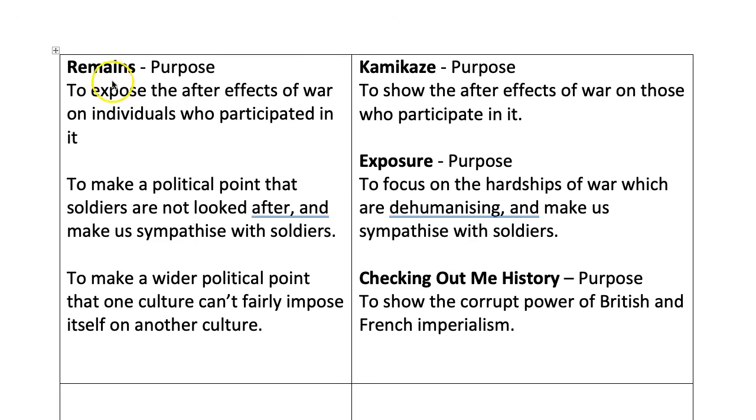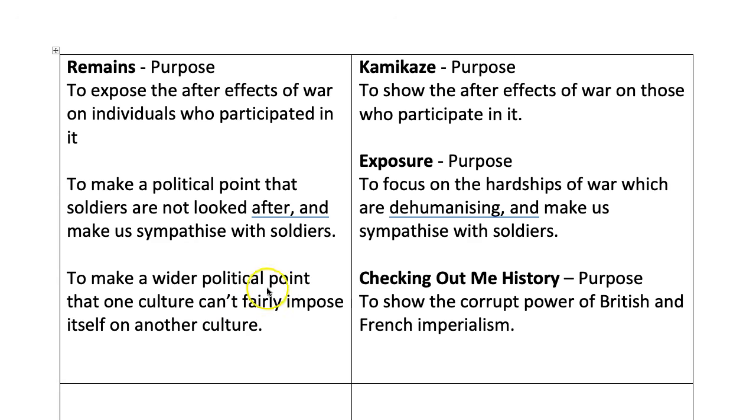Or I might decide that Remains is a political poem that makes a wider political point that one culture, in this case ours, can't fairly impose itself on another culture, which is represented by the slaughter of this looter in a country like Iraq or Iran or Afghanistan.